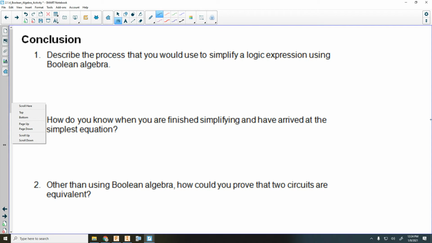You look for like terms that you can factor out. Yeah, that's the simplest thing. There's a lot of factoring, ANDing with zeros. You look for like terms that can factor, you distribute. How do you know when you've arrived at the simplest equation? Sometimes that's hard to see.